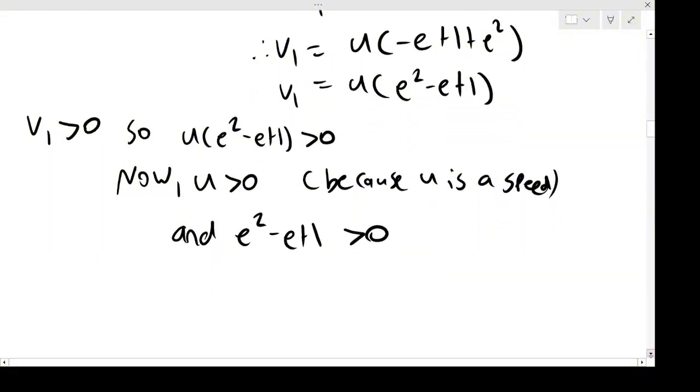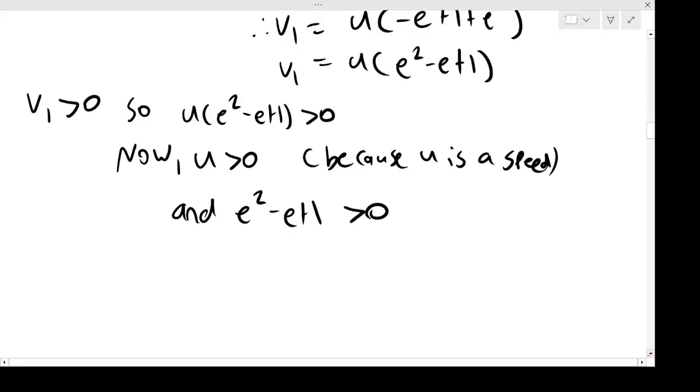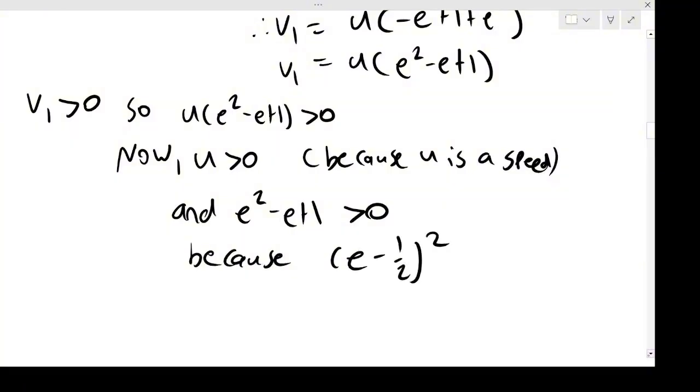Okay, how are we going to do that? Well, you can do this many ways, but I think the safest way to show that this quadratic is greater than 0 is to do completing the square. So if we complete the square, this is going to be e minus a half all squared, then take away a quarter plus 1.